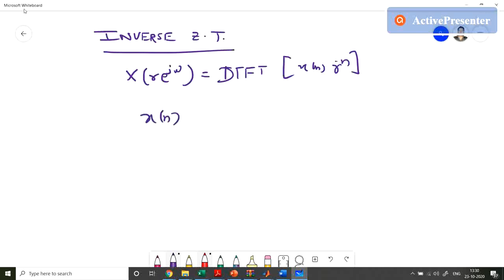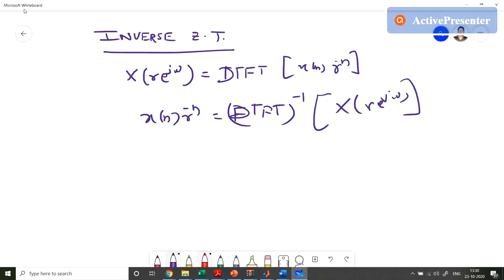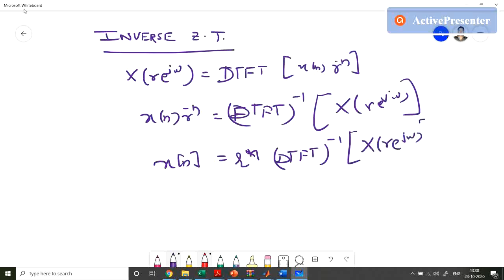Now x[n] r raised to the power minus n is nothing but the DTFT inverse of X(r e raised to the power j omega). Okay, now what is x[n]? So x[n] is nothing but r raised to the power n multiplied by the DTFT inverse of X(r e raised to the power j omega).